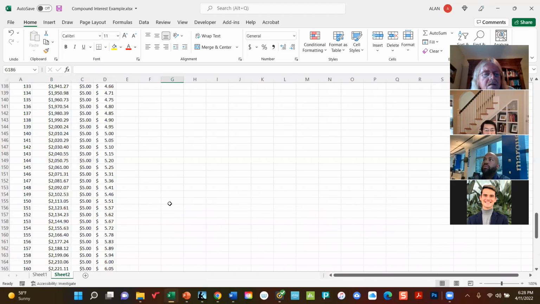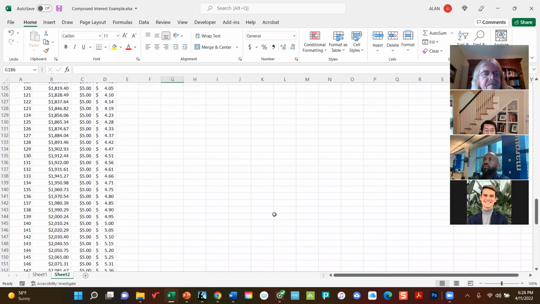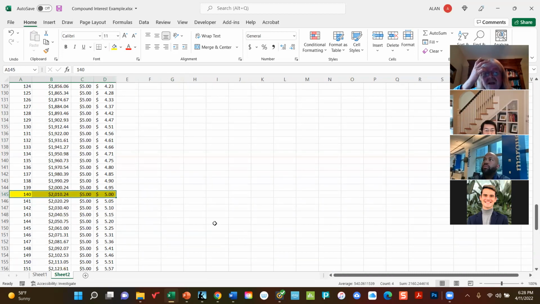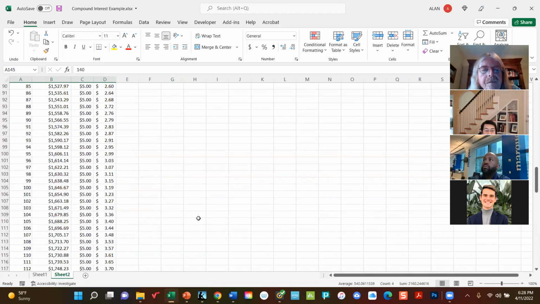Okay, so let's see. They were equal to each other right here in month 140, which means about 11 years from now, this compound interest will be worth about the same as the simple, and then afterwards, the compound interest will be worth more.